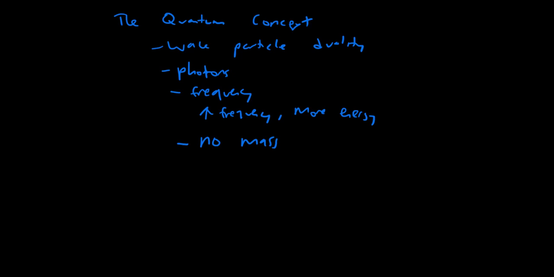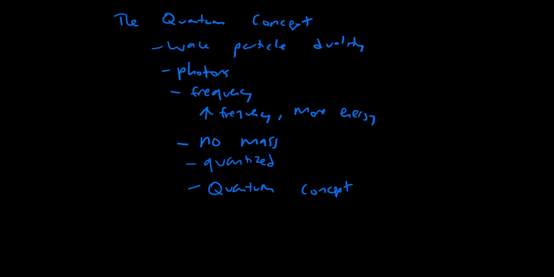Another thing is light energy is quantized. So light energy comes in specific fixed amounts, so it's not a continuous flow. The quantum concept is that light energy comes in discrete packets, which are those photons.